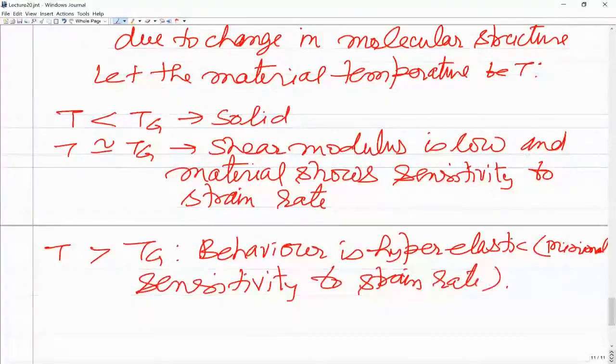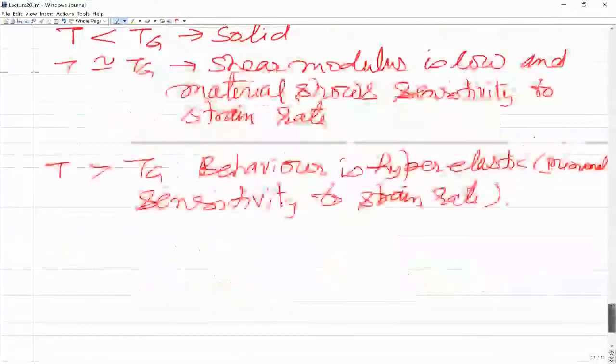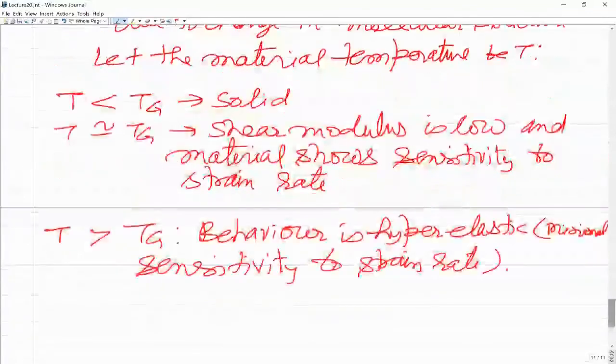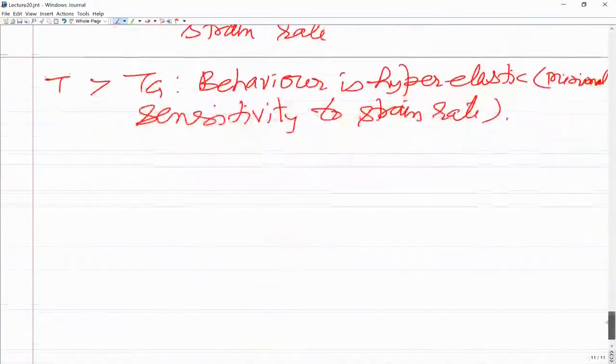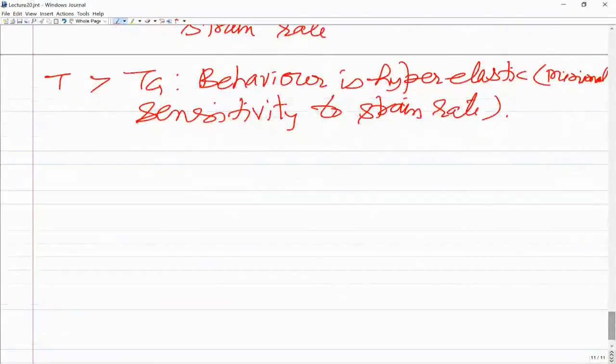From this you can understand when to use a viscoelastic constitutive model in your finite element analysis. If the temperature is greater than the glass transition temperature, the material is hyperelastic. But if you are close to the glass transition temperature, then the strain rate effects would be significant, and you have to model the material as viscoelastic, at least.